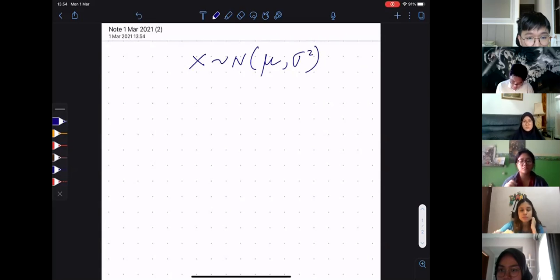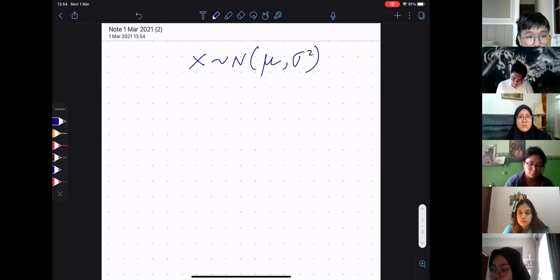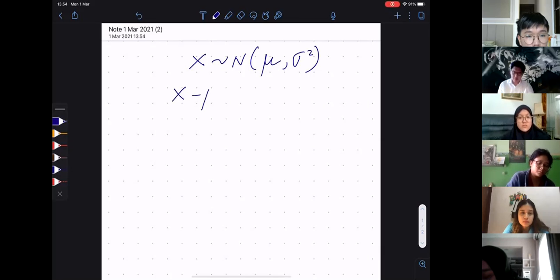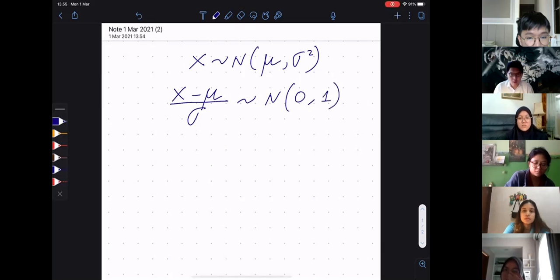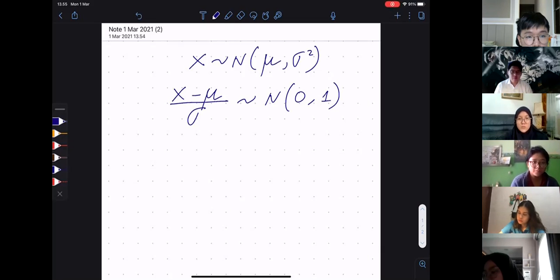Now, if we do a standardization, so we subtract the mean from the random variable, and then we divide this by the standard deviation, then it's going to follow a normal distribution with a mean of 0 and a variance of 1. Remember, this is the standardization process that you learned not only in statistics 2, but also back in your statistics 1 course. So this is something that you should be familiar with.